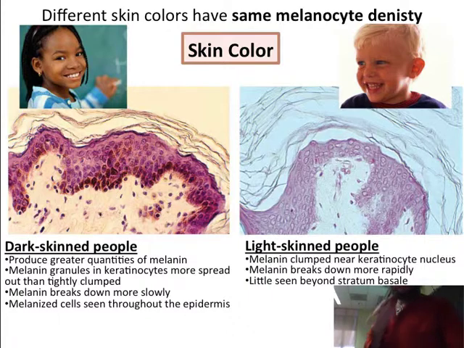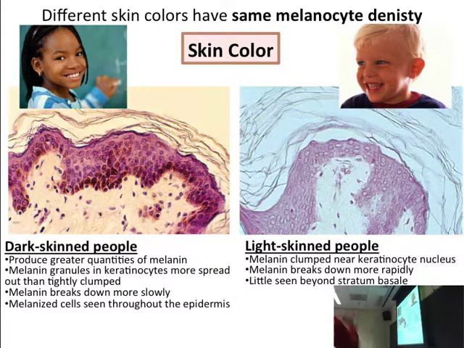So here is something interesting. Different skin colors actually have the same melanocyte density. So someone of an African origin versus someone of a European origin, they have the same number of melanocytes in their body. It just happens to be that the melanocytes in dark-skinned people are making more melanin. They're just turned up.